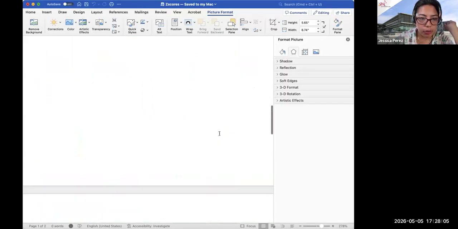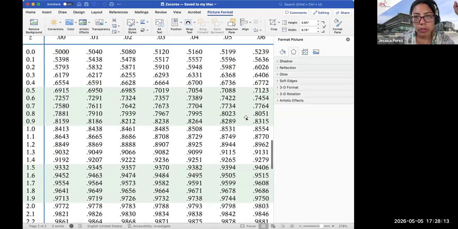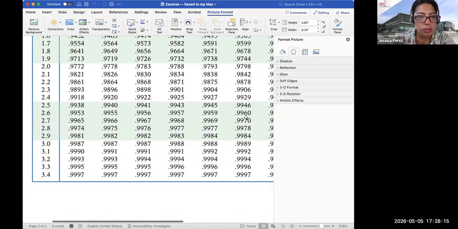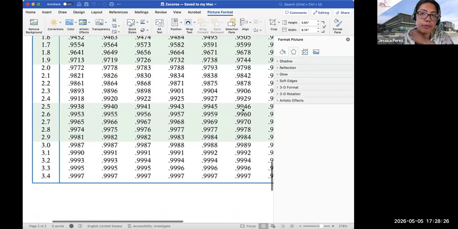So positive, I'm going to go over here to the positive at 2.5, then 5. So it's 0.9946, minus the z-score of negative 1.7.